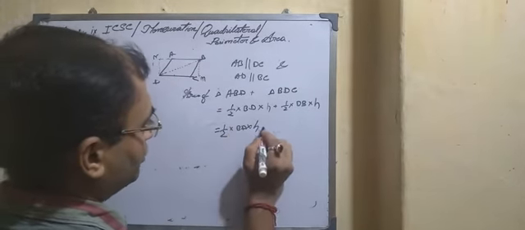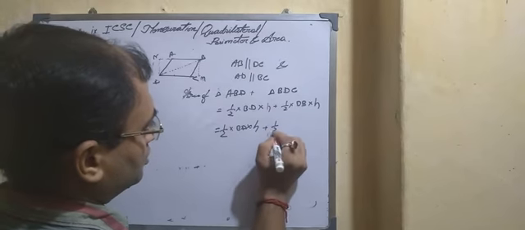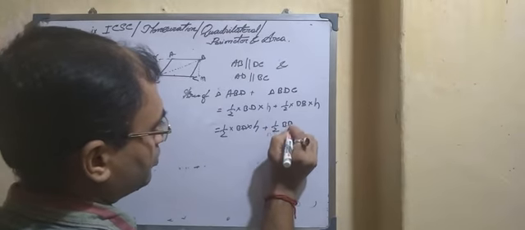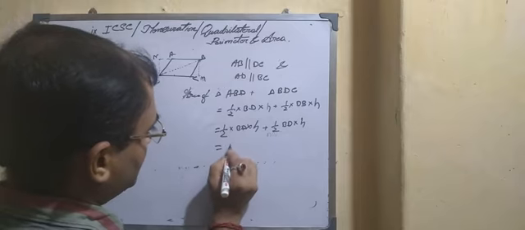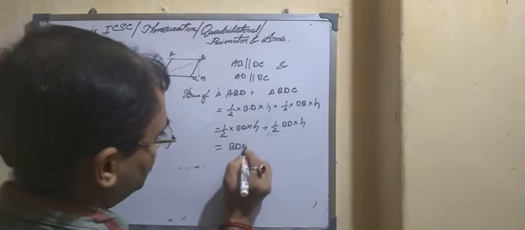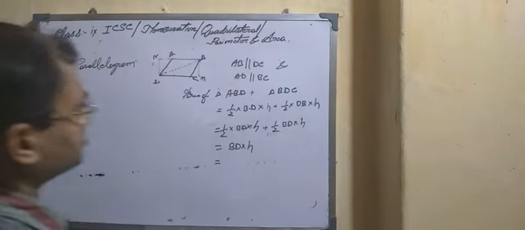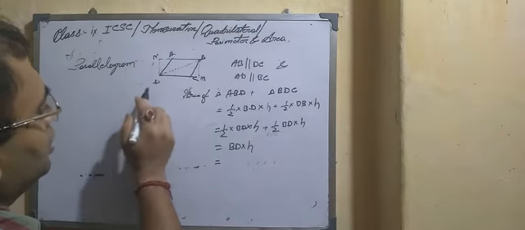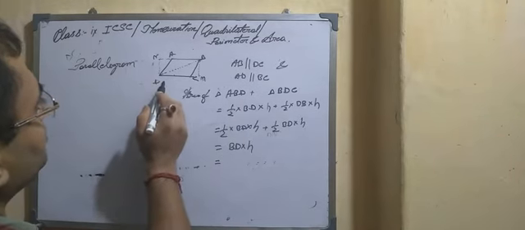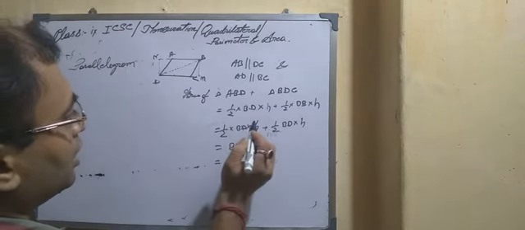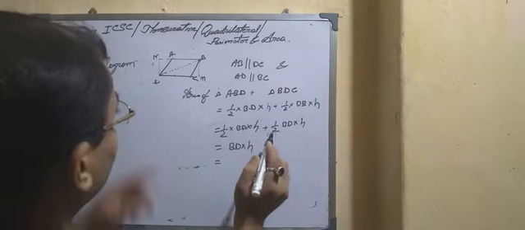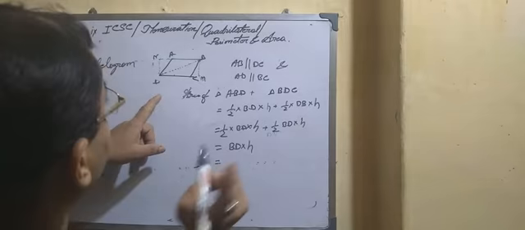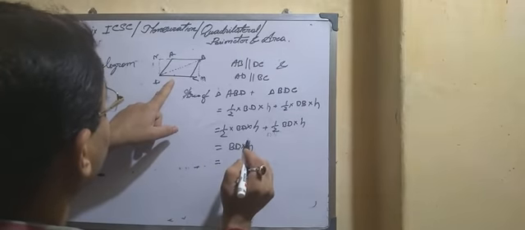Half plus half, you can write BD into H. That means, I think there is some problem. I've already made some mistake here. Okay, 1 minute.